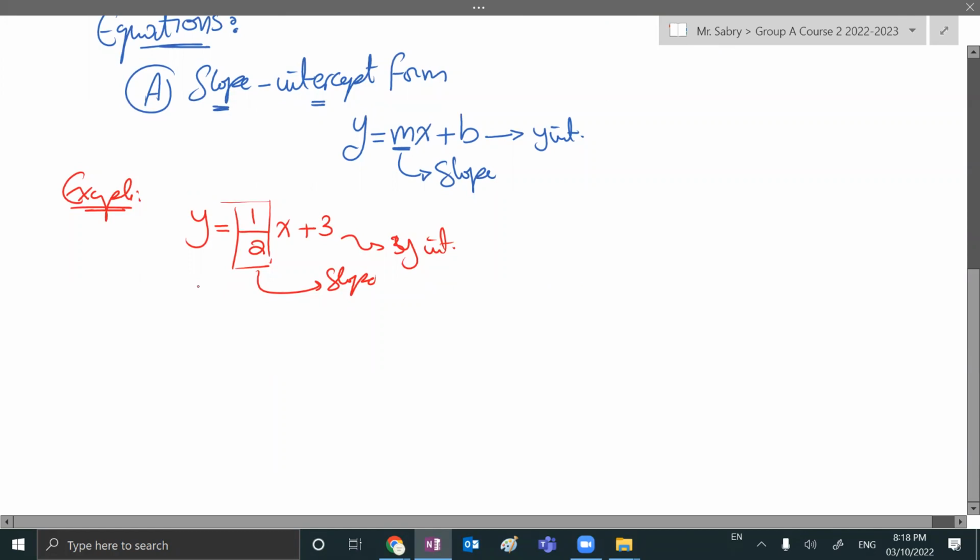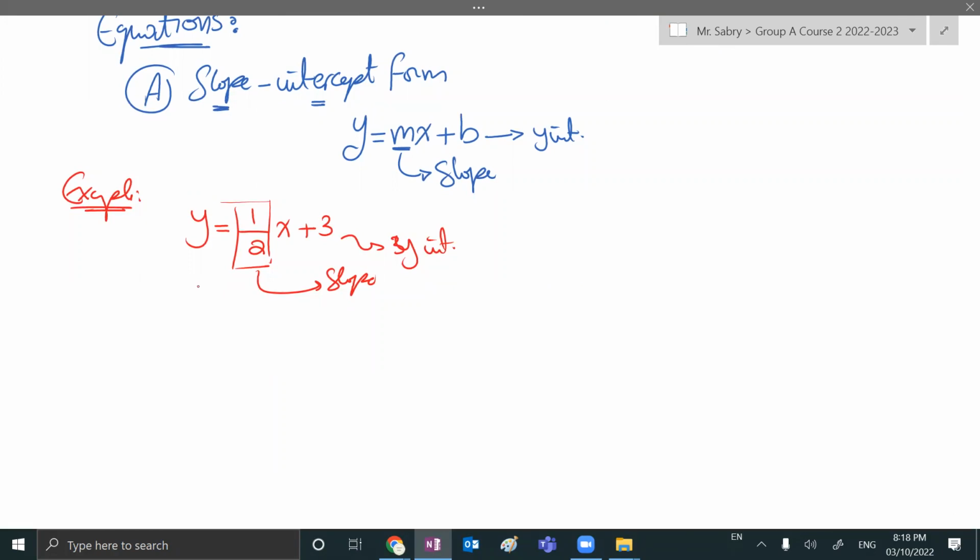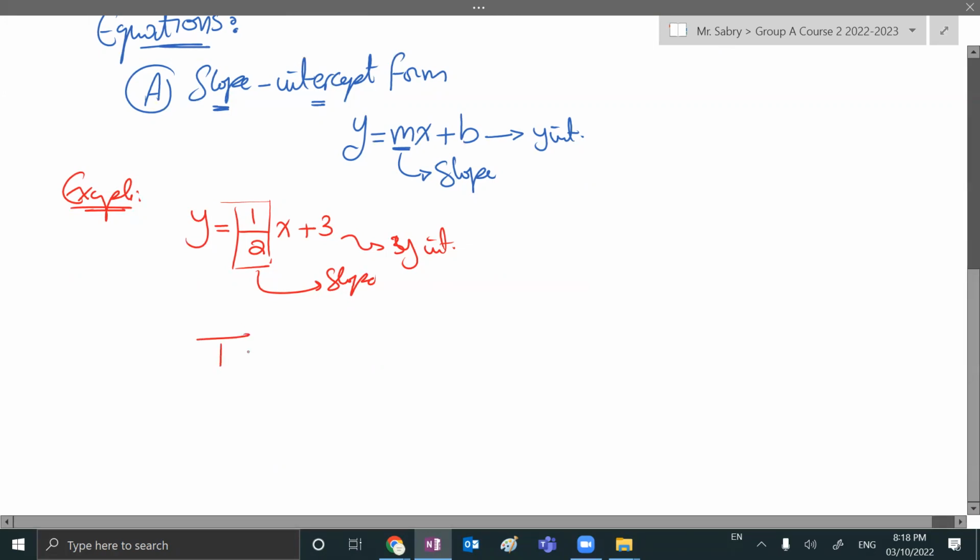It doesn't have to be x and y. It could be any 2 letters. What matters is that both are to the power of 1. For example, t equals 3d plus 100. This is still linear, and also in the same form of y equals mx plus b. The 3 in this case would be the slope, while the 100 is the y-intercept.